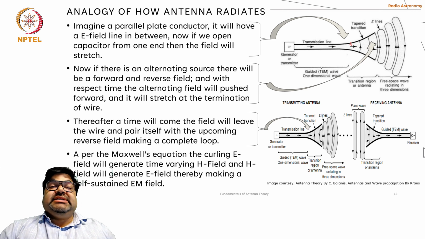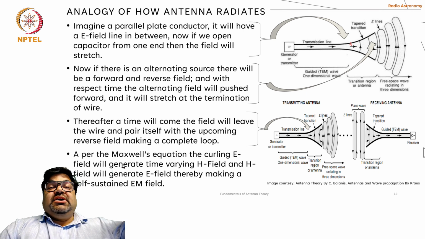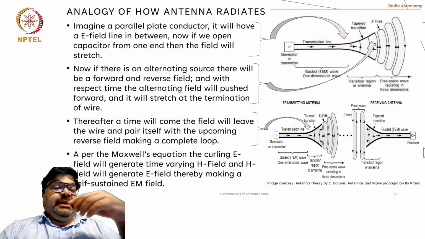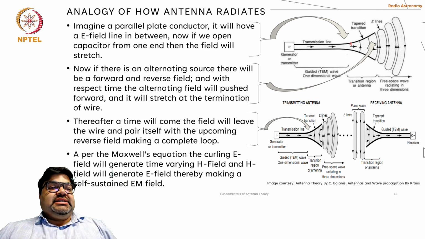The same thing happens in satellite communication. You have one antenna on the satellite and one in the ground station. From the satellite it basically starts transmitting, and the ground station starts receiving.